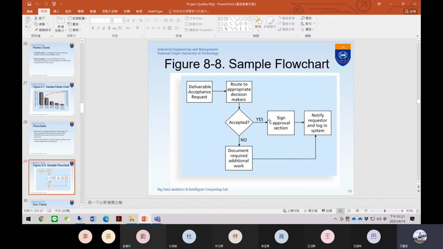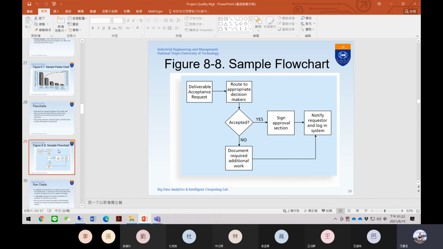If it is accepted, sign the approval, notify the requester, and log it in the system. If not, and the document requires additional work, feed it back, notify the requester, and log it in the system. So this is a sample procedure.